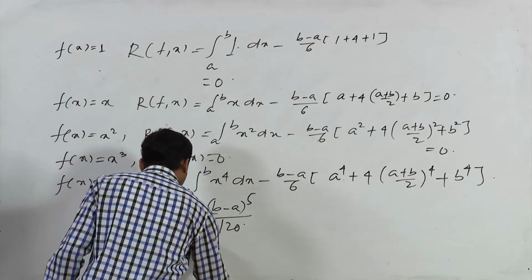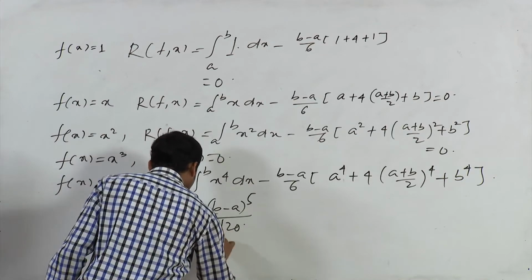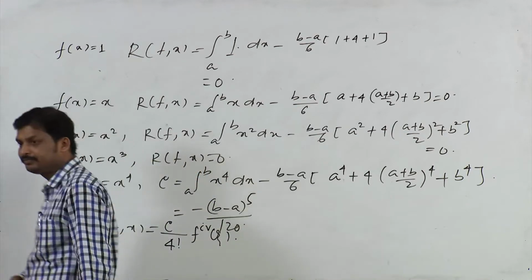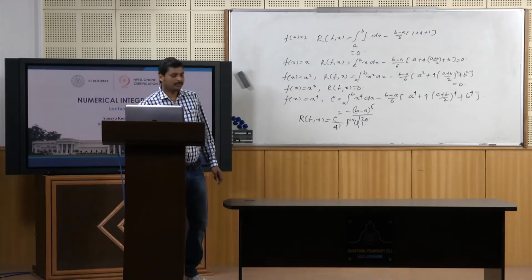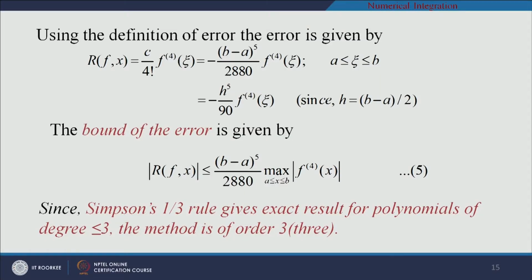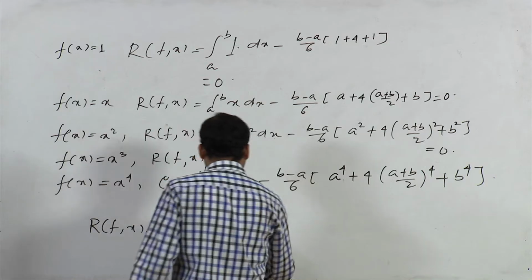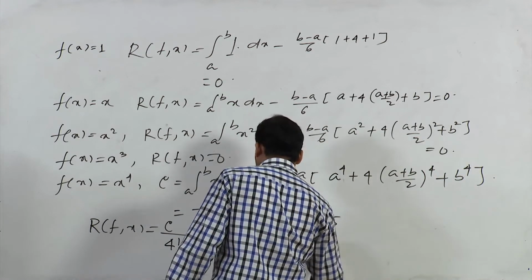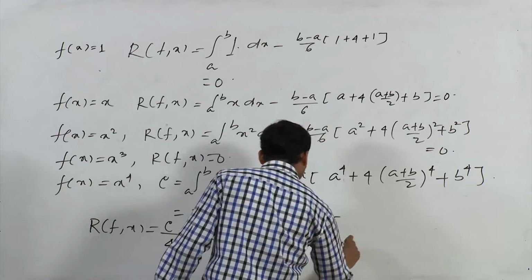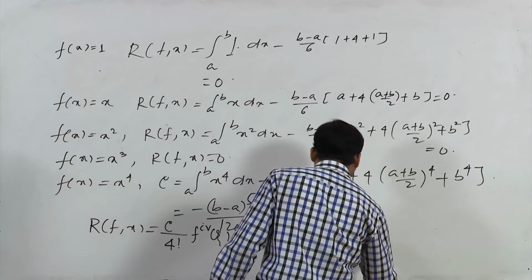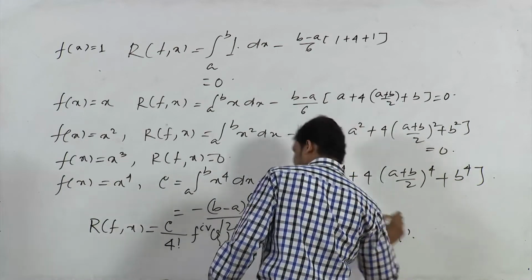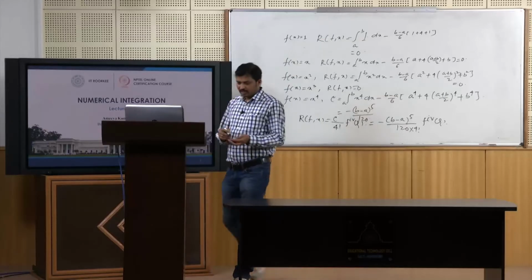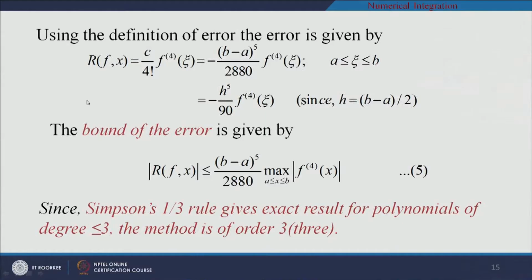So, f to the power 4 of zeta, where zeta lies between a and b. We can write this as minus (b minus a) whole to the power 5 by 120 into 4 factorial times f to the power 4 of zeta. This total term gives minus h to the power 5 by 90 times f to the power 4 of zeta.